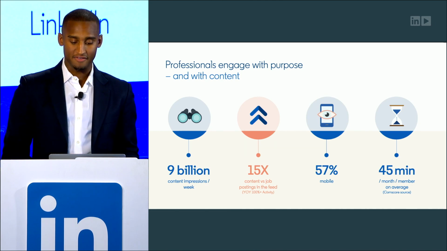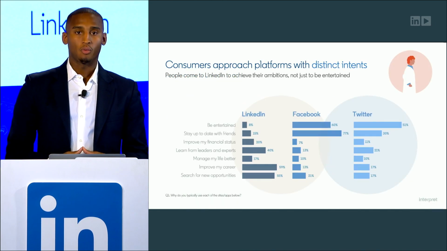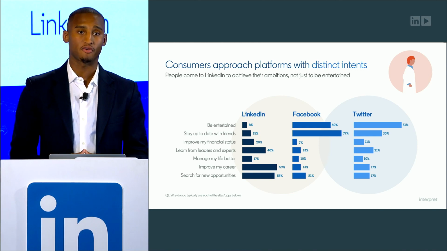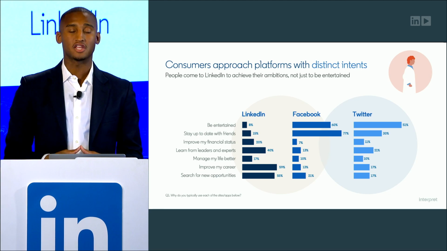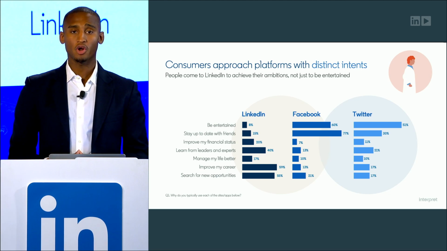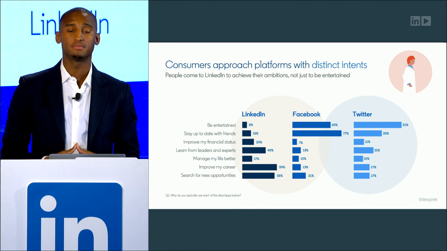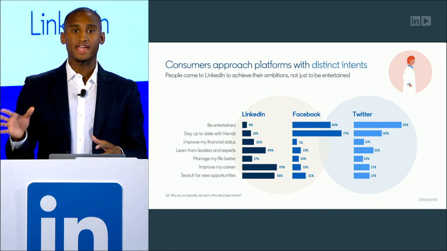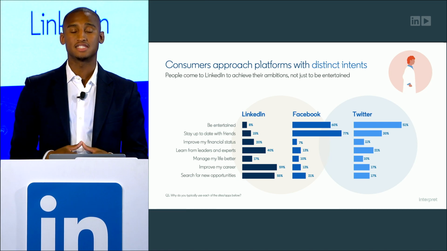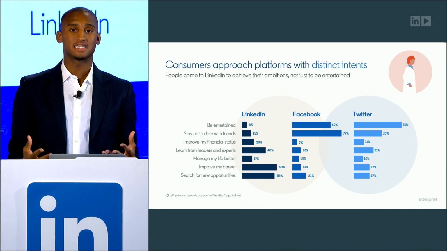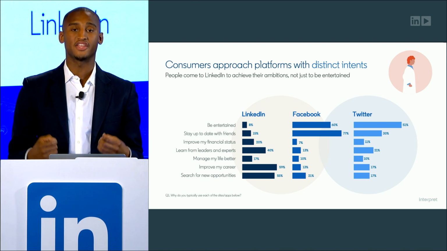Now let's dive into what makes people actually want to come to LinkedIn versus other social media platforms. This is a study done by Interpret, where on the left-hand side, you can see some of the reasons why people visit social media platforms. And on the top side, you can see LinkedIn, Facebook, and Twitter. Now, unsurprisingly, LinkedIn is used with intention.